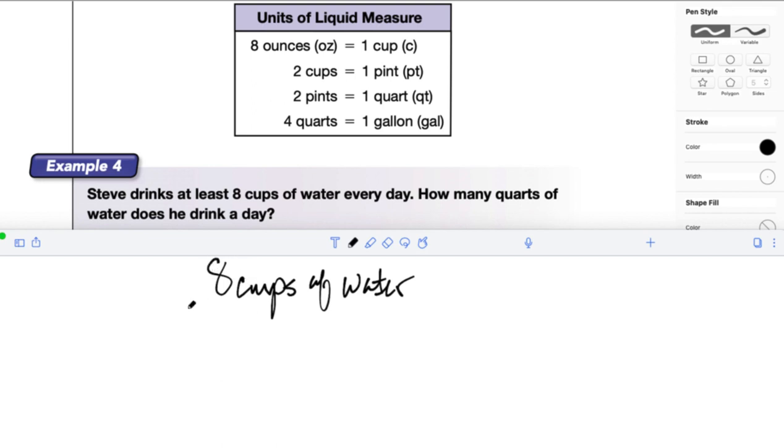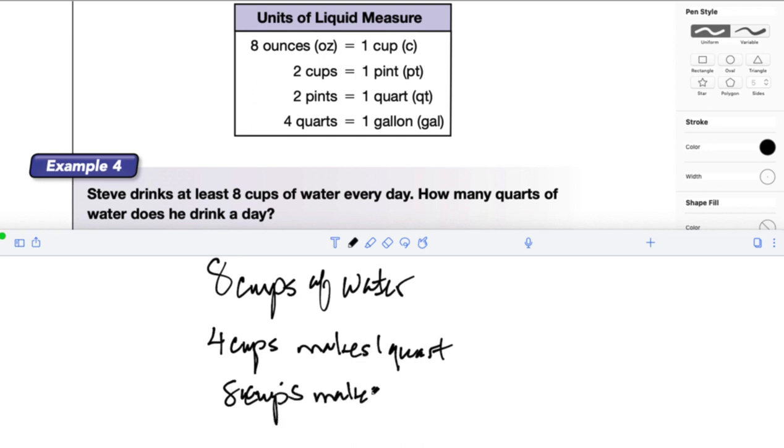So 4 cups, just from our picture, 4 cups makes 1 quart. Therefore, 8 cups, hopefully this is making sense, 8 cups makes 2 quarts. So the answer is 2 quarts.